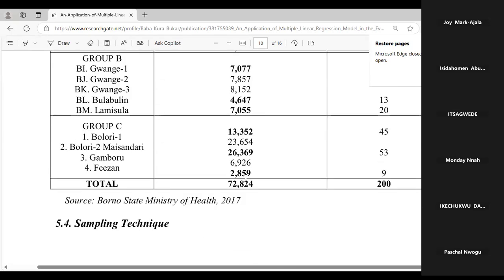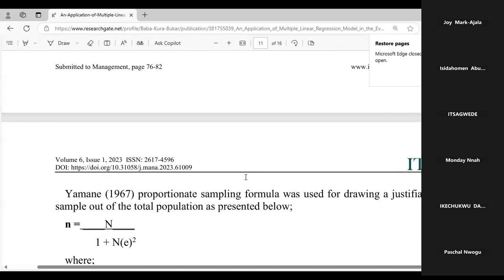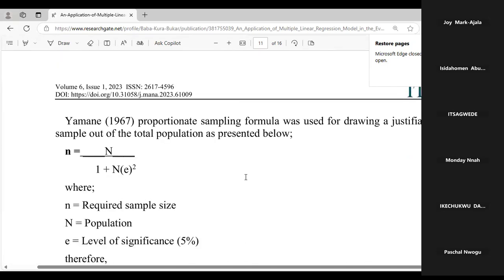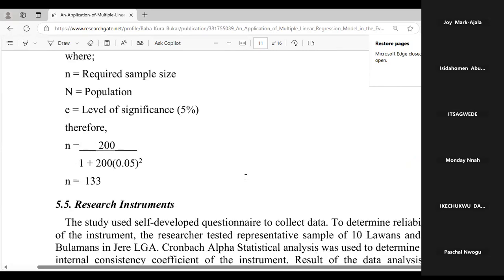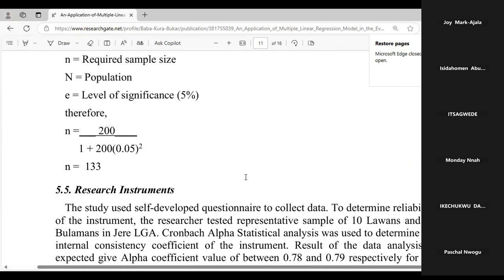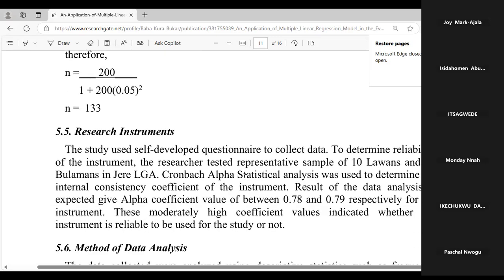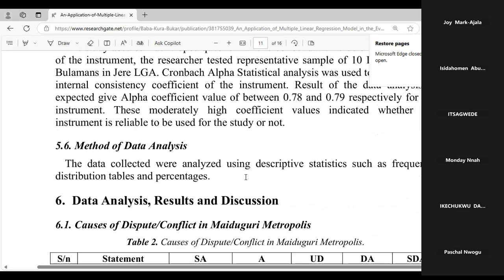So this one is 200. Sampling technique, Taro Yamane, all sort of nonsense. This is bad. This is really bad. Cronbach's alpha. Why are you using Cronbach's alpha? You didn't even tell us what you are using it for.